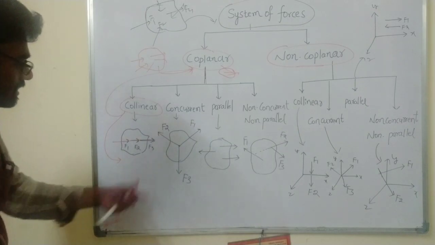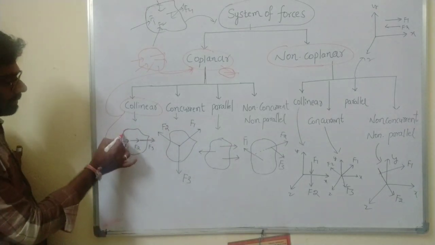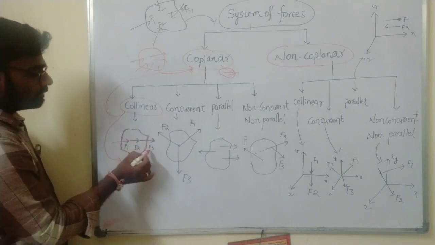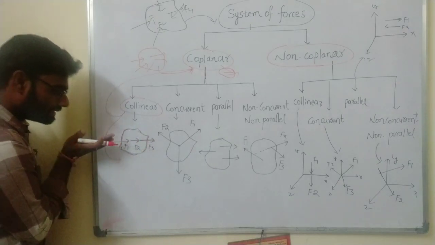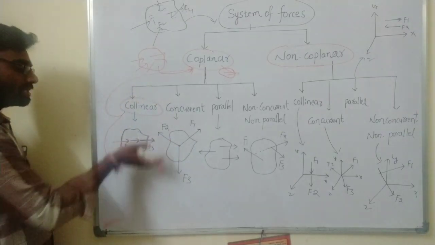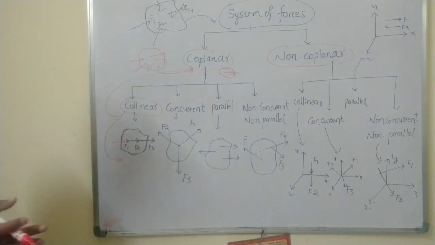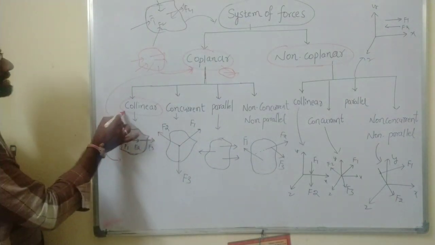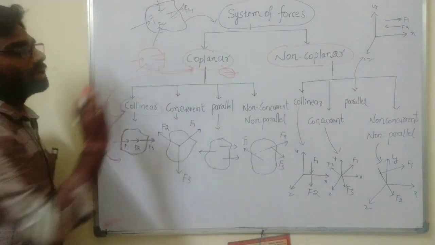Now I am taking one plane. So F1, F2 and F3 are forces acting in a straight line within the plane. That means all the forces act in a single plane, and that is known as collinear coplanar forces.